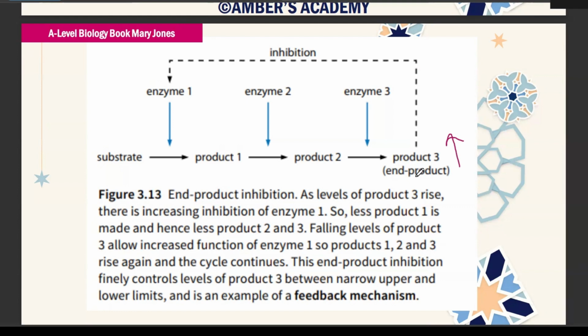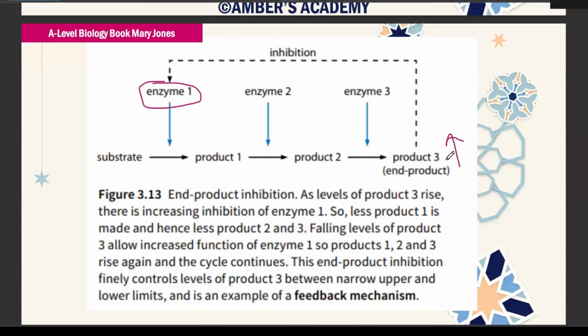An inhibition of enzyme will take place. And how is that inhibition going to take place? It is going to take place by acting upon enzyme number 1. Why is it acting on enzyme number 1? Any guesses? If product 3 is increasing, then inhibition will take place on enzyme 1 to reduce the production of product 1, and eventually less of product 2 will be made, and eventually less of product 3 will be made.